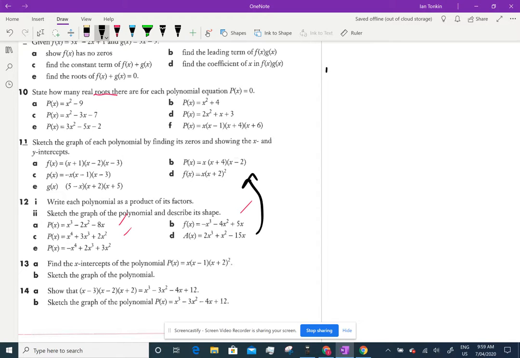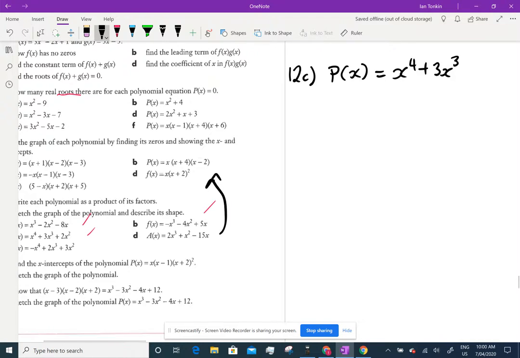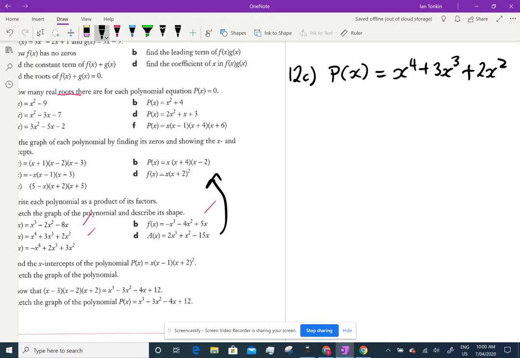So here's 12C. The first thing I have to do is I will write the polynomial, P of X equals x to the 4 plus 3x cubed plus 2x squared. Now straight away, it's a positive quartic, so it's going to come down, do some stuff. Oh, sorry, too many lumps there.